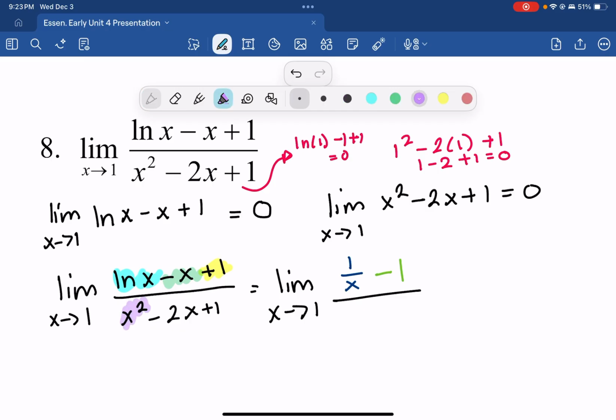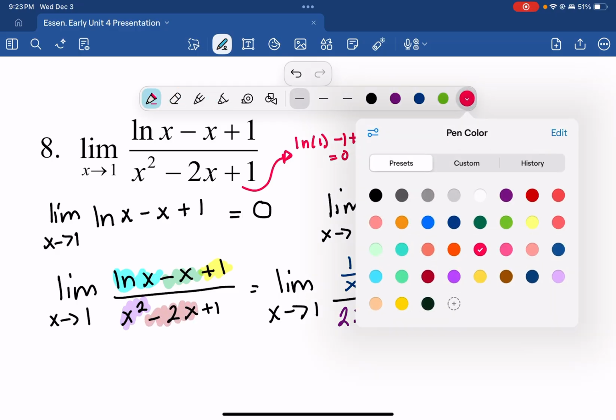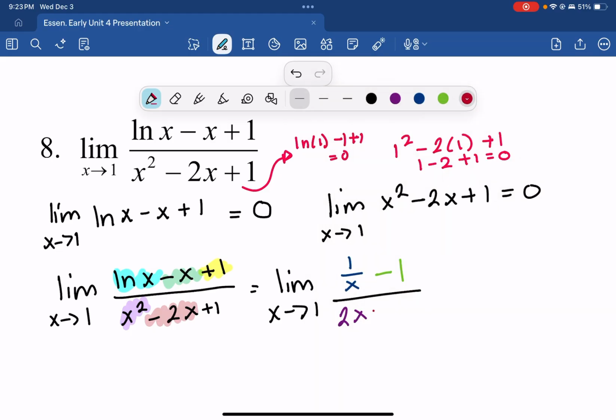So that x squared becomes a 2x. And our minus 2x, let's change it to red, is going to become a minus 2. All right, and then that plus 1, derivative is 0.